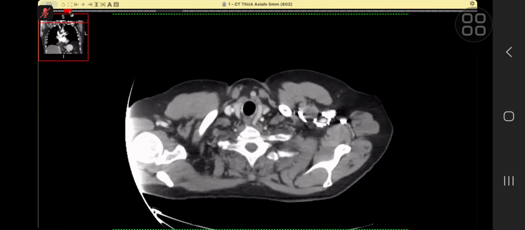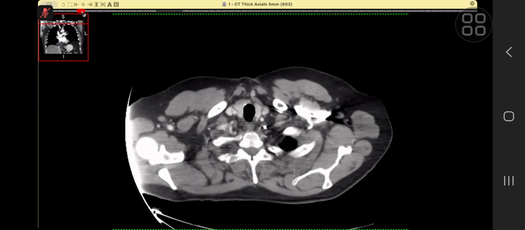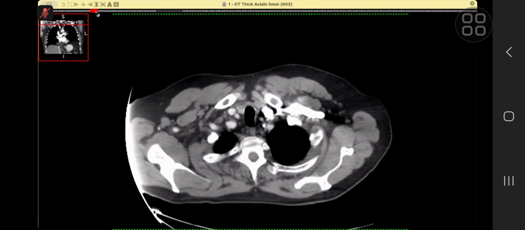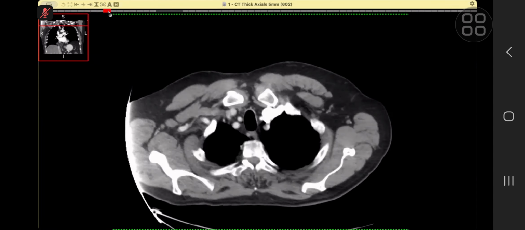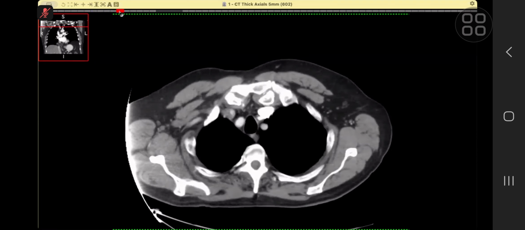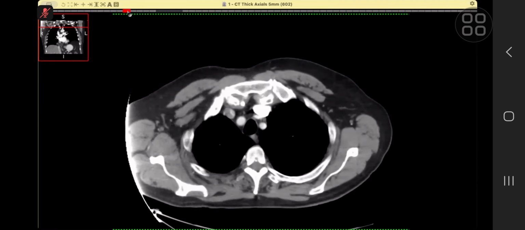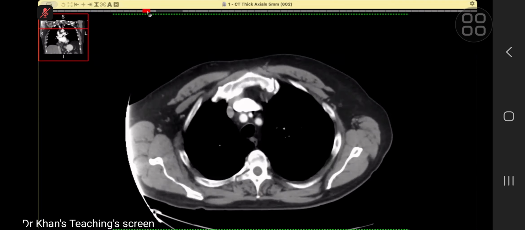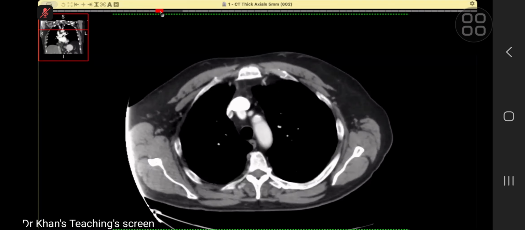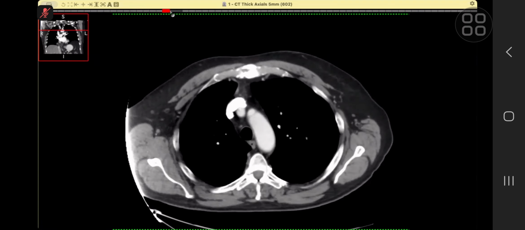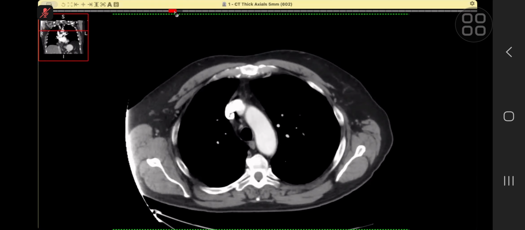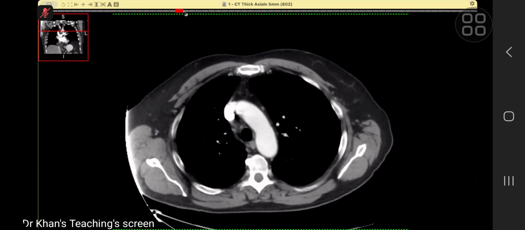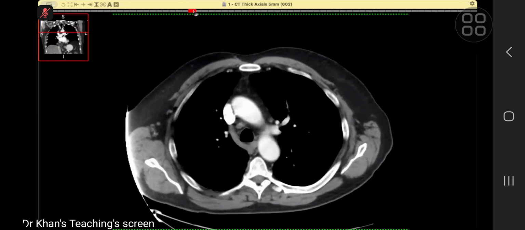I'm scrolling the image from top to bottom, going downward. I'm scrolling through the images to look for abnormalities. There is no lymphadenopathy in the mediastinum.